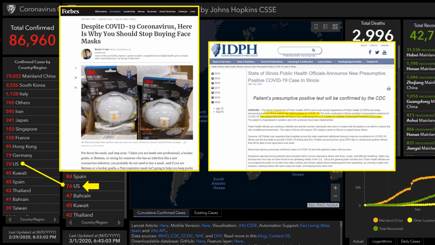Then what do we have? Despite COVID-19, let's see, you should stop buying face masks. I'm going to make another video on these face masks, because this is just crazy. I keep on seeing the wrong face masks posted in every news article, and even health officials wearing the wrong mask.